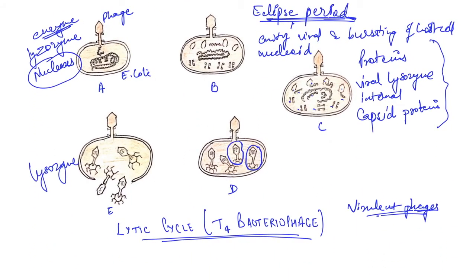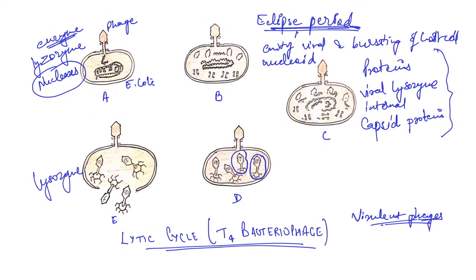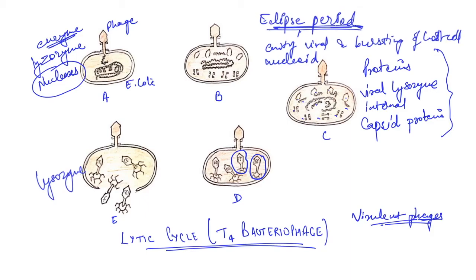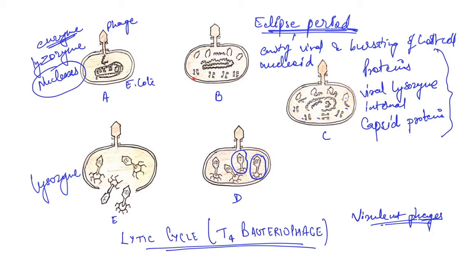Now we'll just see the lytic cycle first. Basically, the phage transfers the genetic material through the tail fibers, wherein it uses a lytic enzyme, that is lysozyme, and then it destroys the host DNA and mRNA. Transfer RNA remains the same, and it transcribes the different structures of the bacteriophage, such as the tail, the head, and the genome.